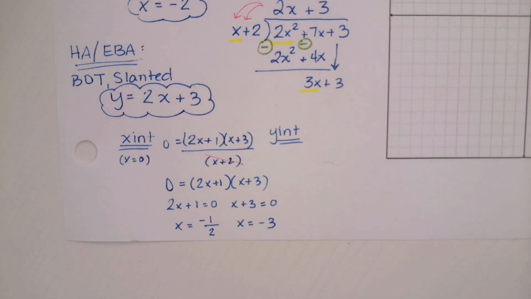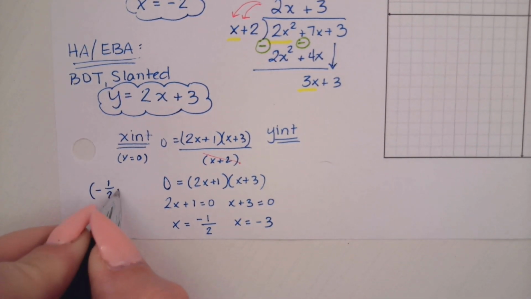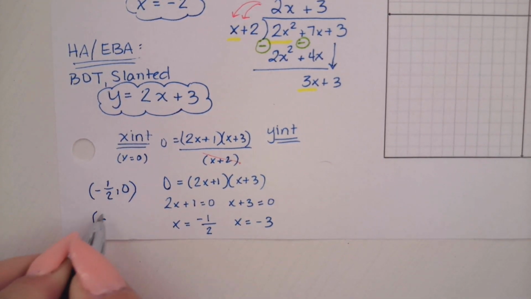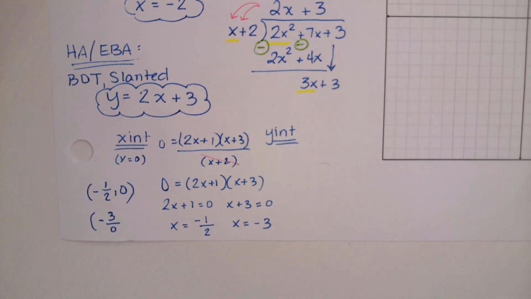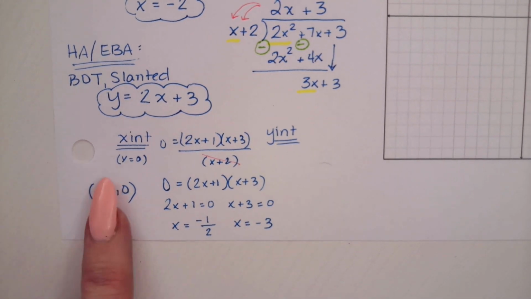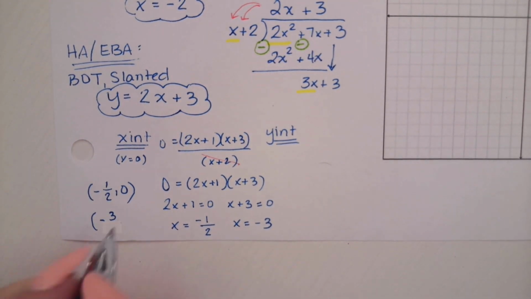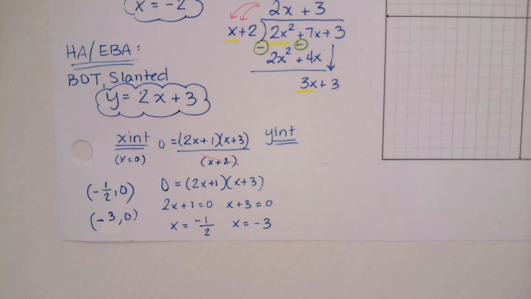Usually for intercepts, though, how do we write our answers? Points, right. So we'll write one of them is negative 1/2, 0. The other is negative 3, 0. Okay, found my x-intercepts.